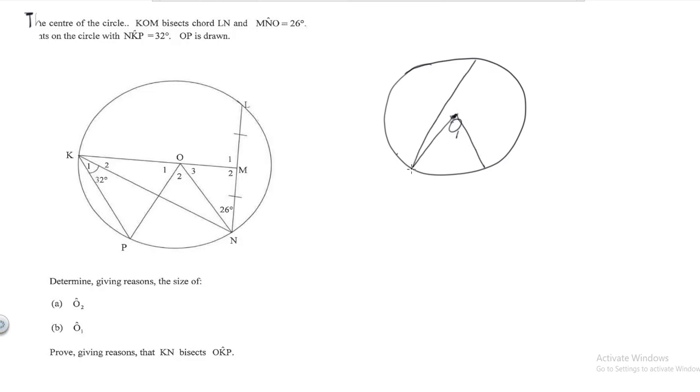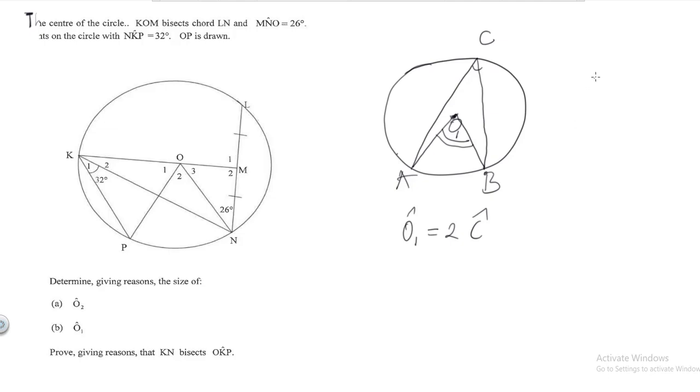If we have a chord here, another chord, touch this point A, B, and then here we have a C. So we found that this angle O1 will be double the angle C. Okay? Will be double angle C.